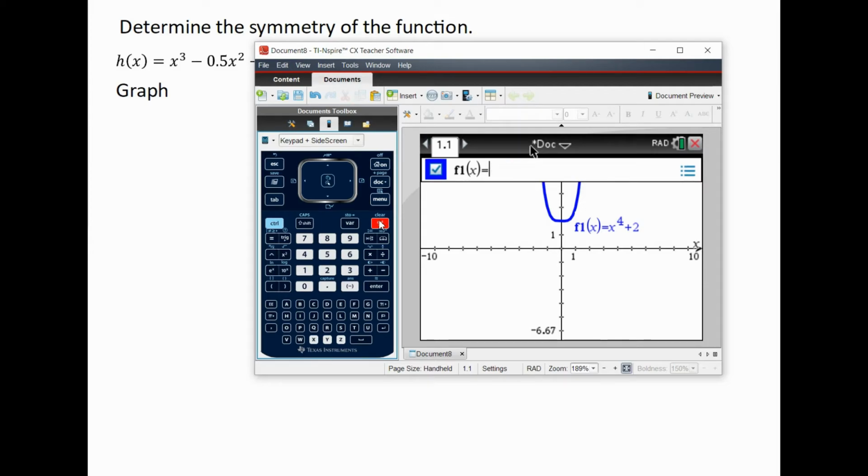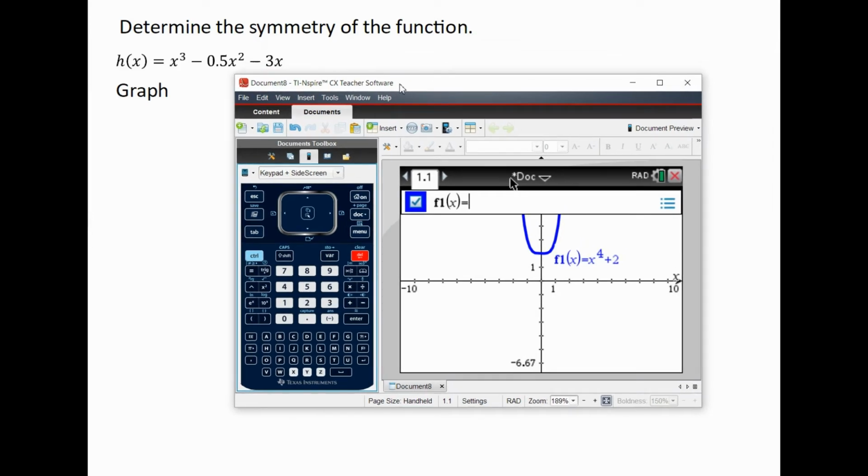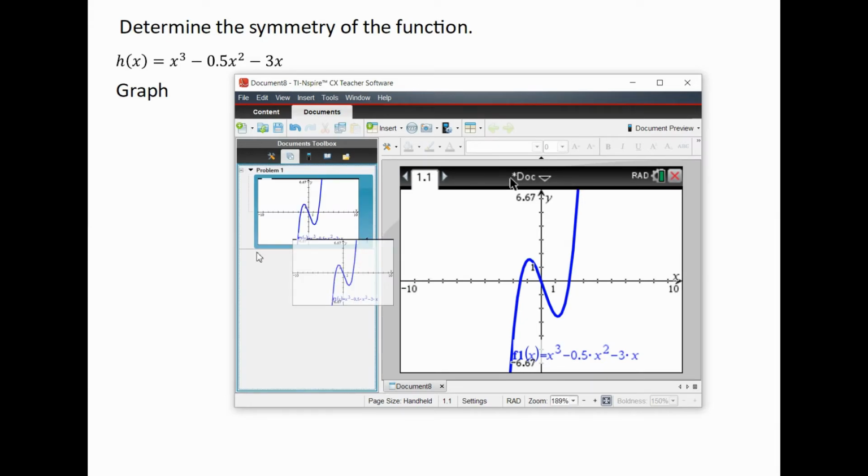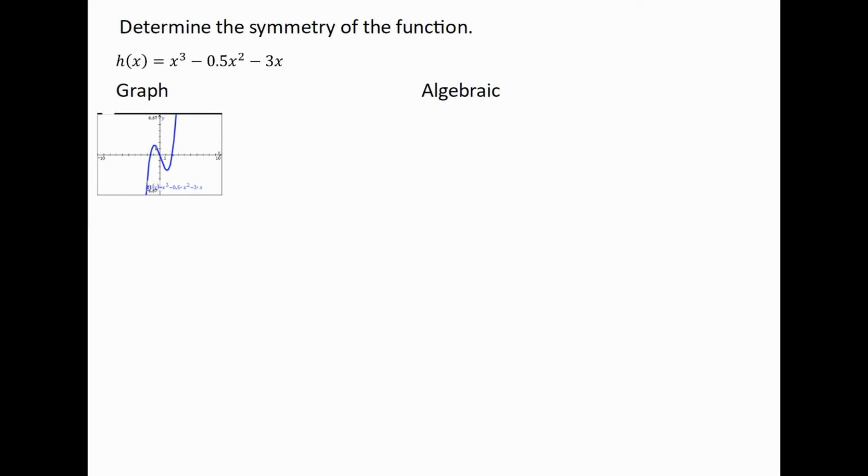Now we can put in our function that I'm giving you, x cubed minus 0.5 x squared minus 3x. Enter. All right, that's what we wanted to see.